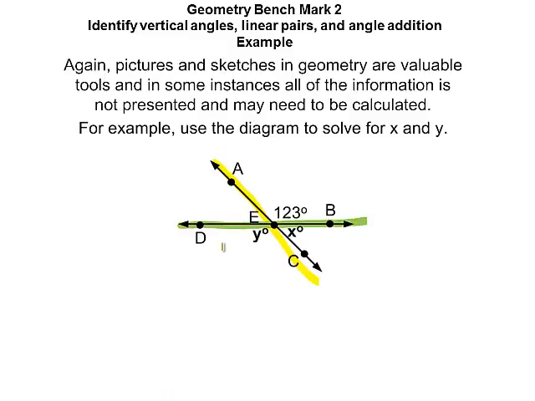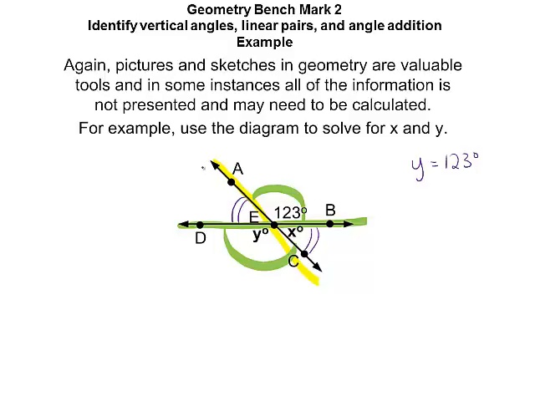Okay. That tells me I have vertical angles. So this angle here is going to be the same as this angle here. And this angle is going to be the same as this angle. Well, that tells me y automatically because this one's already labeled. So y is 123. I don't even have to do any work on that.